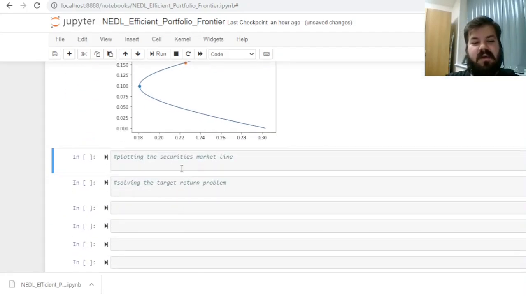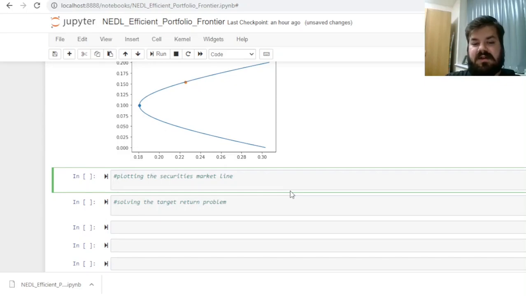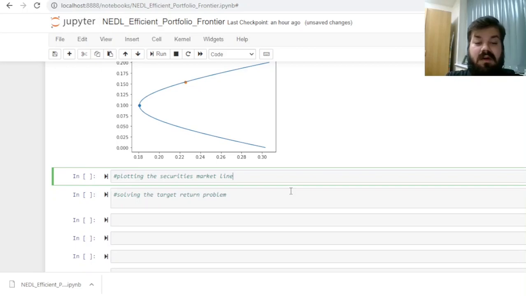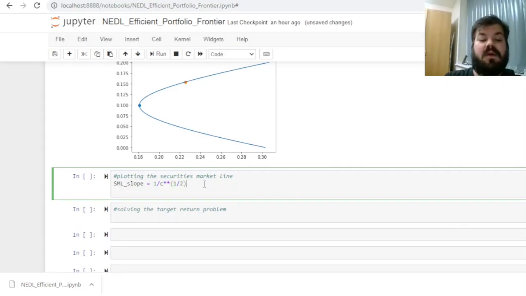However, is the tangency portfolio really tangent, and how to visualize it? Well, here we'll plot the securities market line. It turns out that it's very easy to do that when you know the constants and vectors that describe the investable universe, because the slope of the capital allocation line, or in this application the securities market line, is simply 1 divided by the square root of C, which means that per unit of return we would take that much risk.